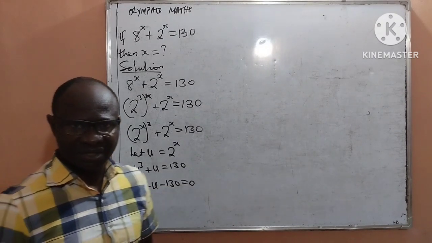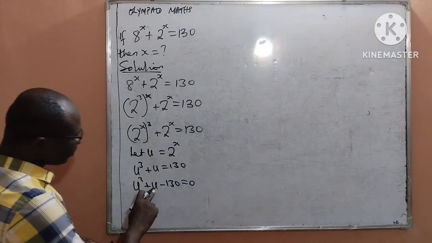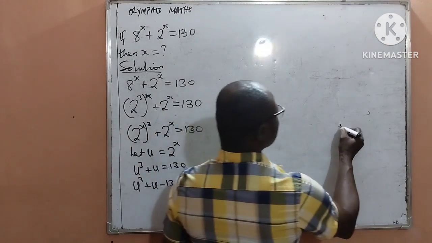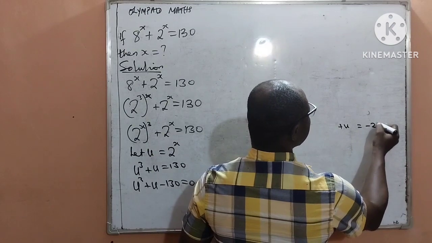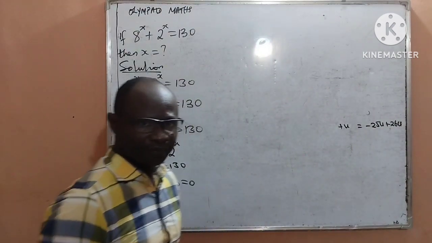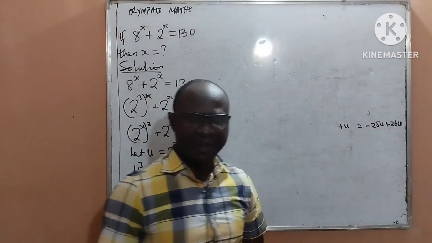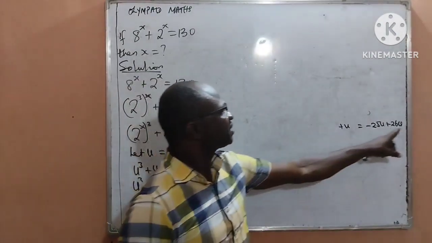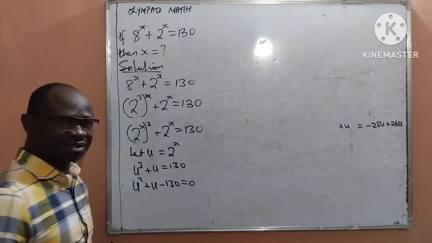I can now factorize it. I can write u as minus 25u plus 26u. It can work because from 25 I can get 5, and 5 times 26 can give me 130.